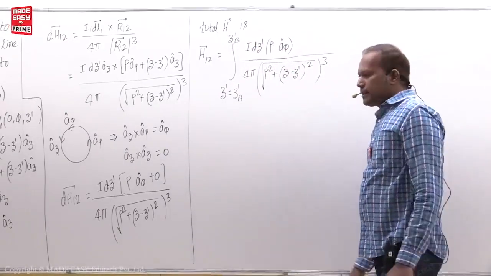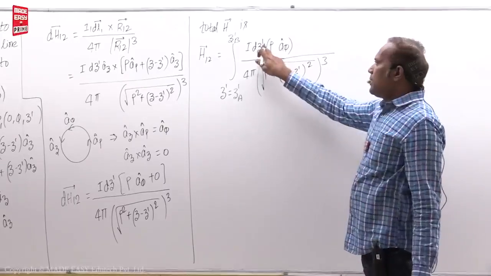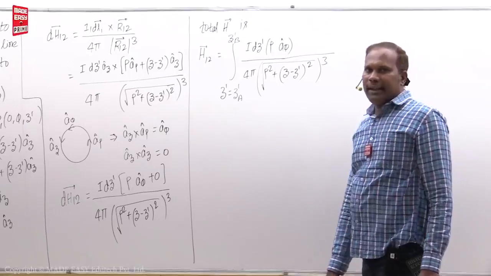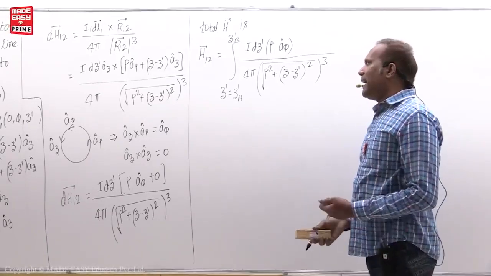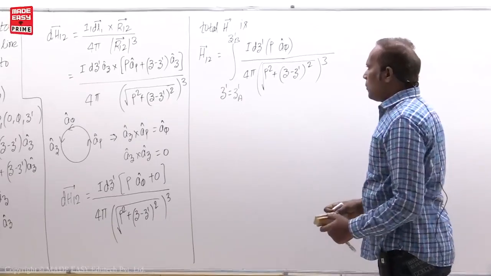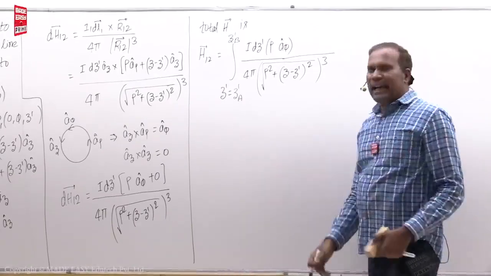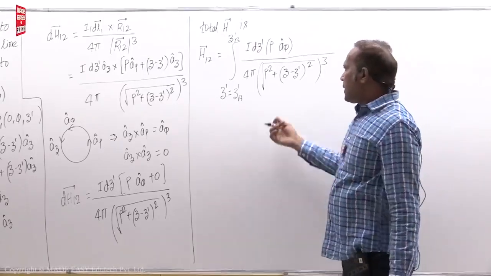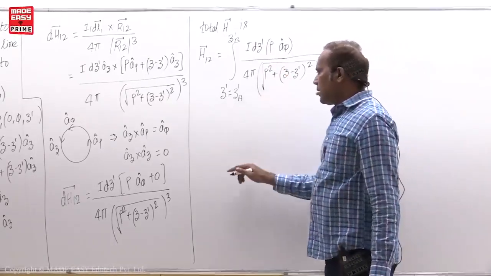Now in the mathematics, the integration variable z dash is in the denominator. It is difficult to integrate. That is why we take angles. So let us go to the angle terms now. Before going to angle terms, I will readjust this equation.